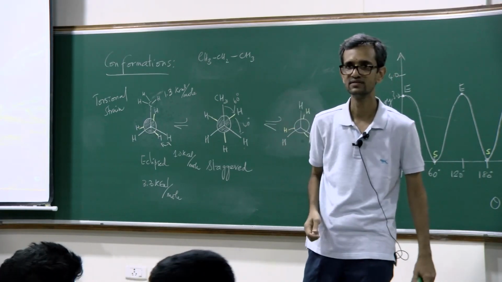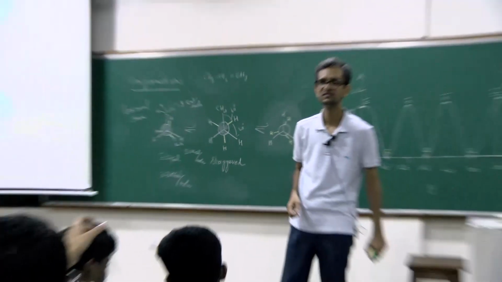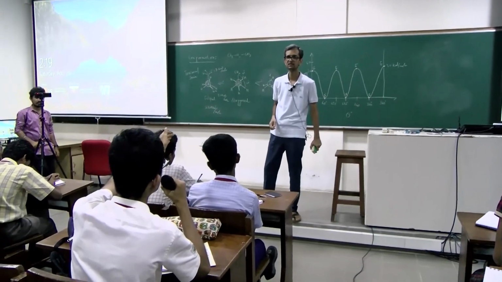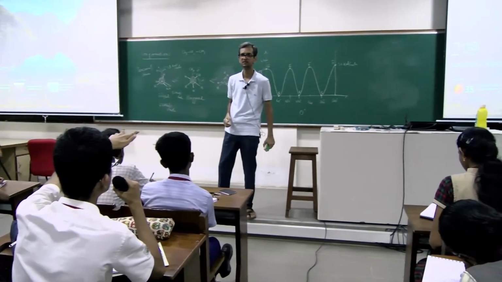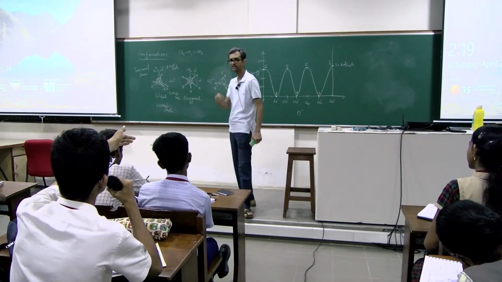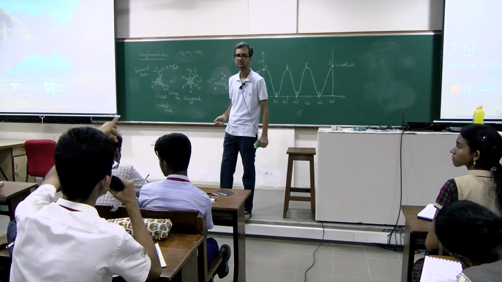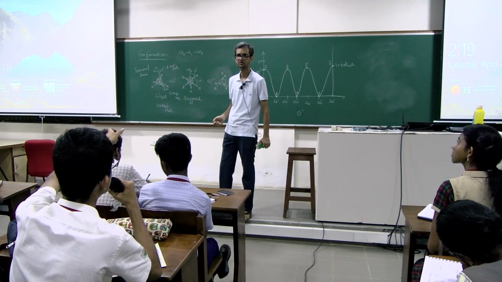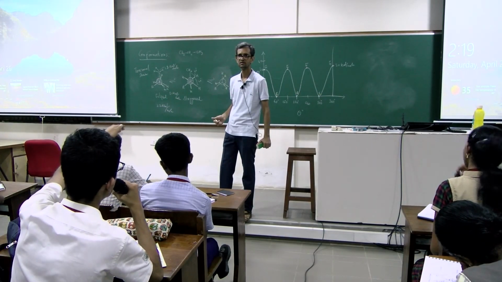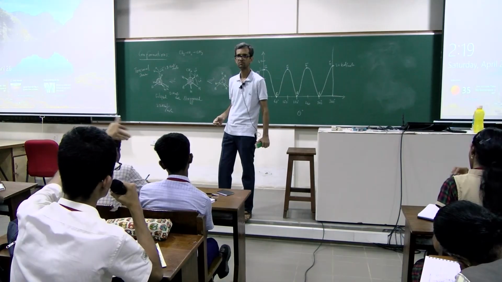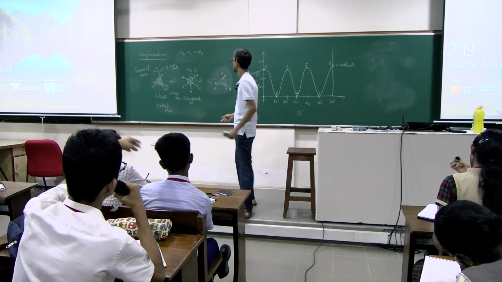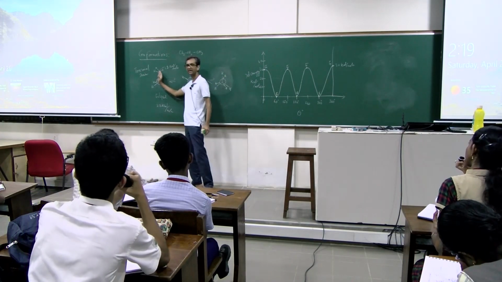Someone is asking, is this steric factor due to the CH3 because it's being equally pushed by the sigma bonds or hydrogens on both sides? No, it is just that it is away.